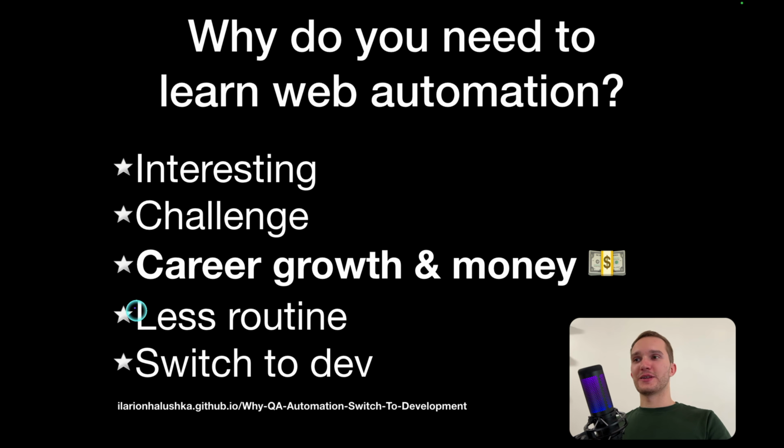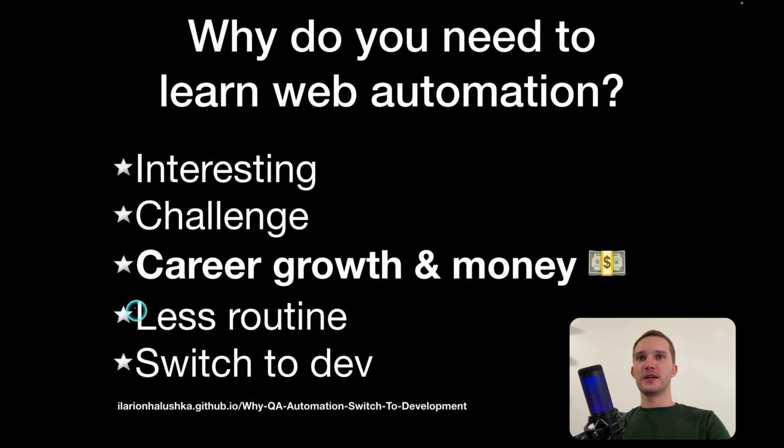And the last point is, maybe you were wondering whether someday you want to become a developer. Right now you're working as a QA engineer, and one day you want to become a developer. QA automation can be your first step to development. Basically, I used to work as QA automation, and then I switched to development.